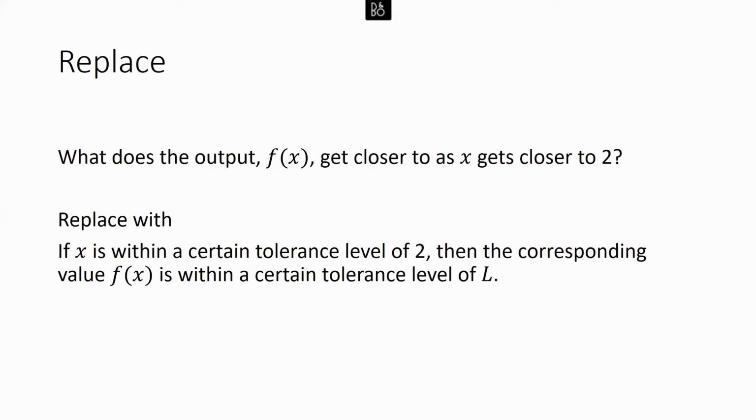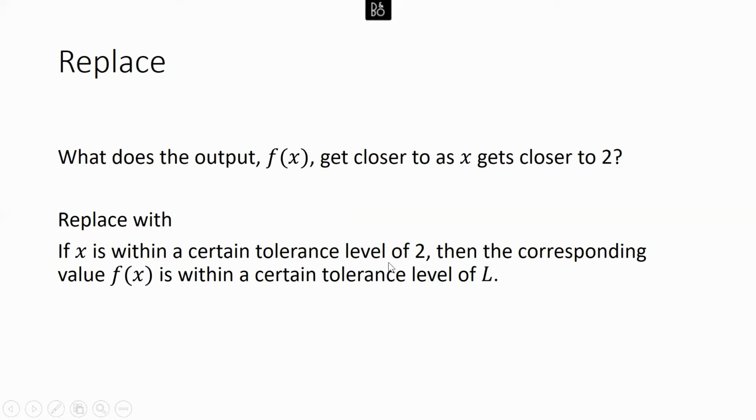So we're going to replace the language we used earlier with: if x is within a certain tolerance level of 2, then the corresponding value f of x is within a certain tolerance level of L. In other words, if x is within a certain distance of 2, then f of x is going to be within a certain distance of L. Now, these tolerance levels are not the exact same.